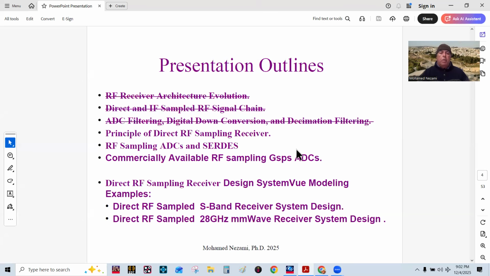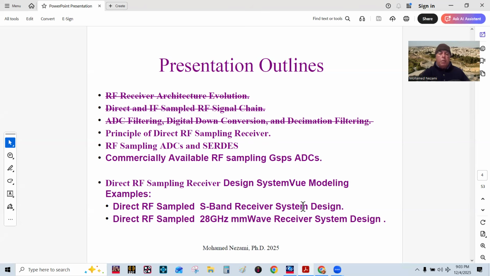And we're going to go through two examples to illustrate the concept of subsampling, or sampling a signal with a sampling frequency that's way lower than the actual carrier frequency. And that's called subsampling or undersampling.